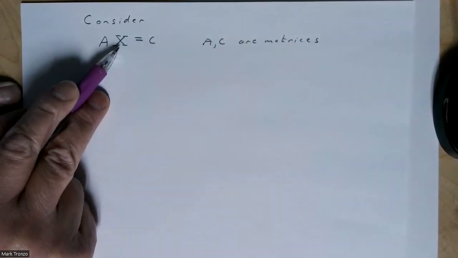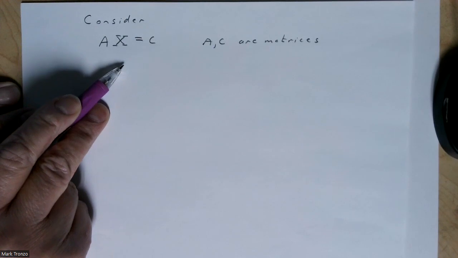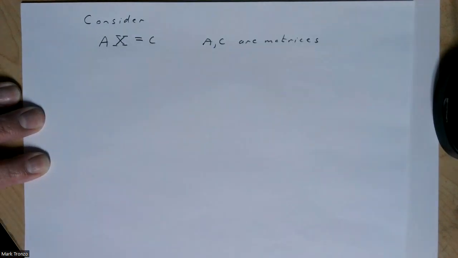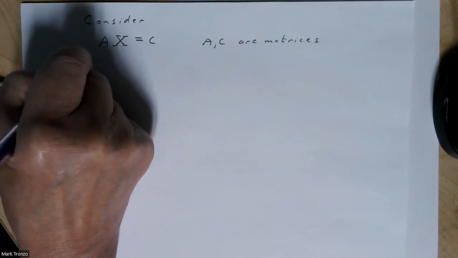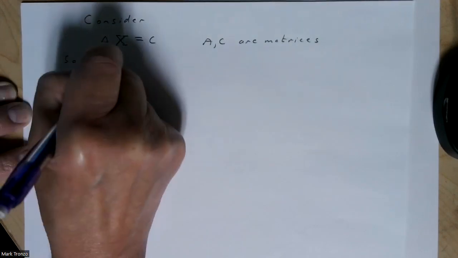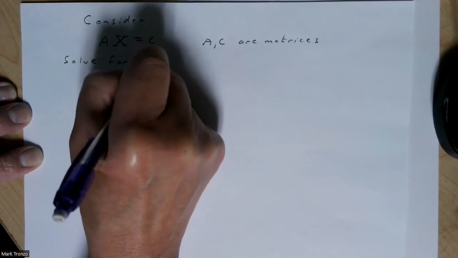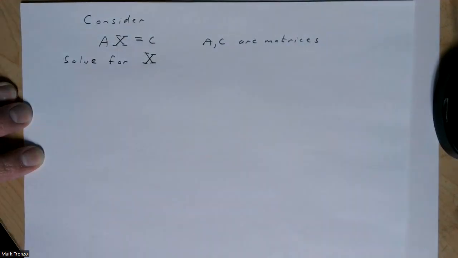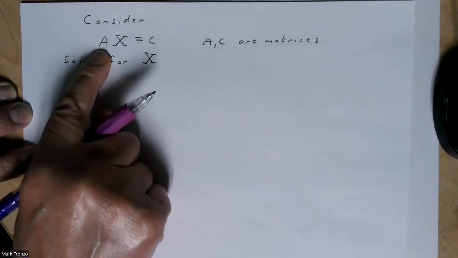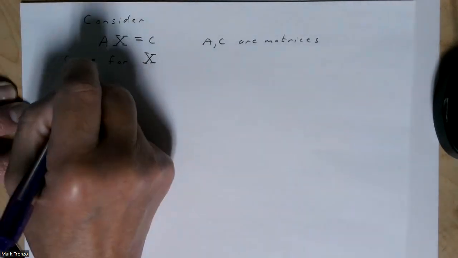And of course, X is going to be like x, y, or x, y, z, depending on how many dimensions we're in. And so let's solve this. Let's do what we did a minute ago. Let's multiply both sides by the inverse of A.